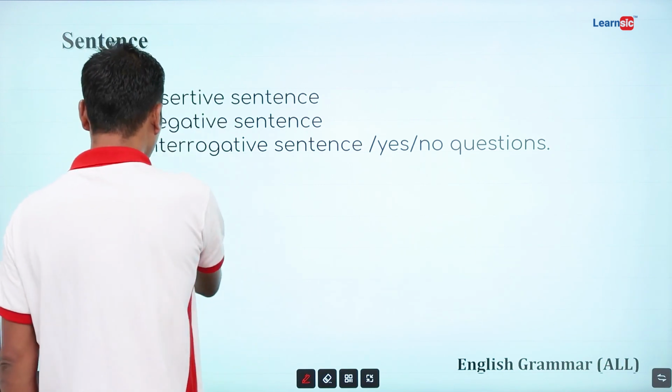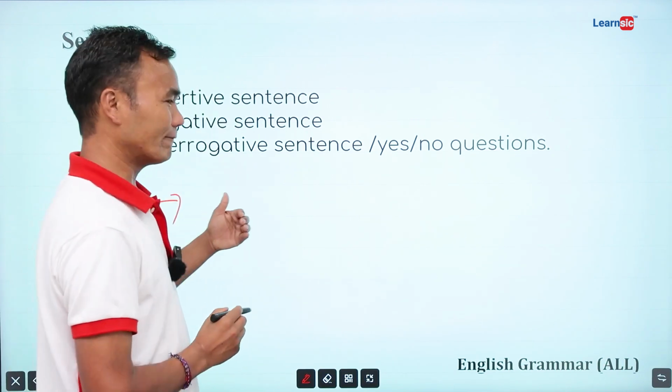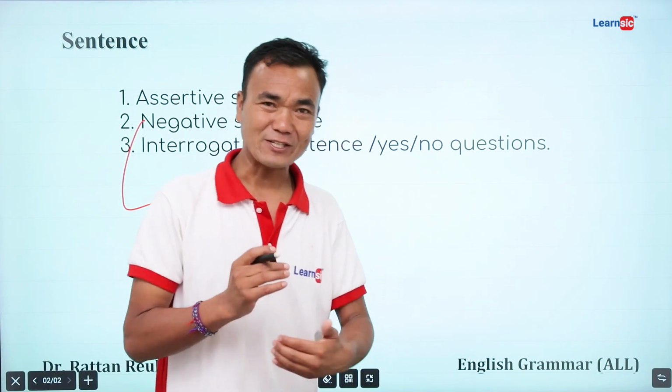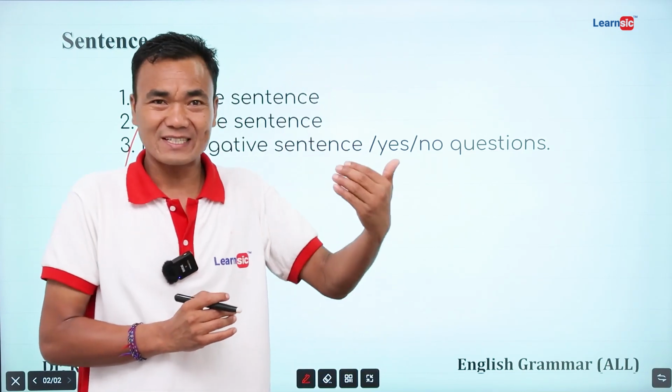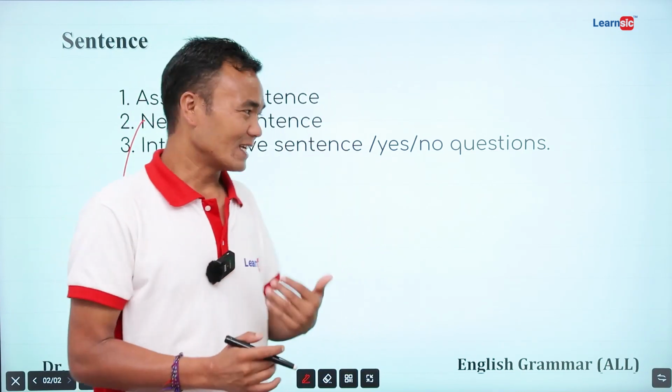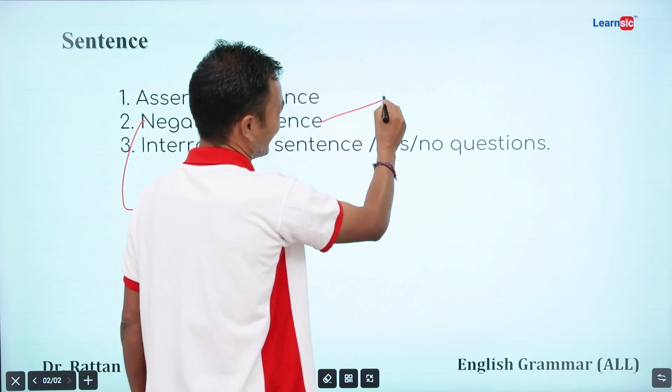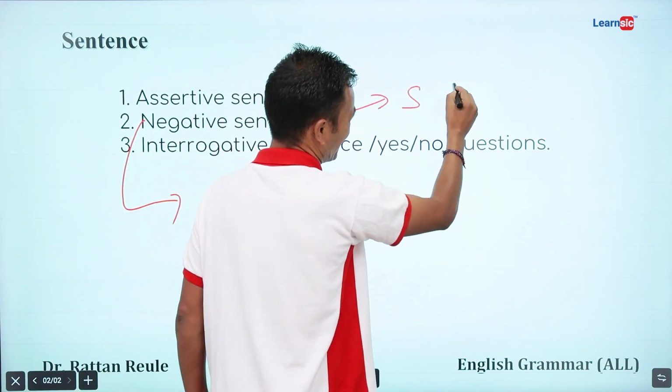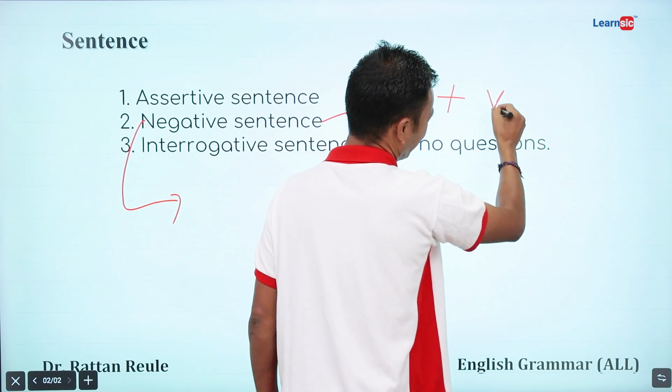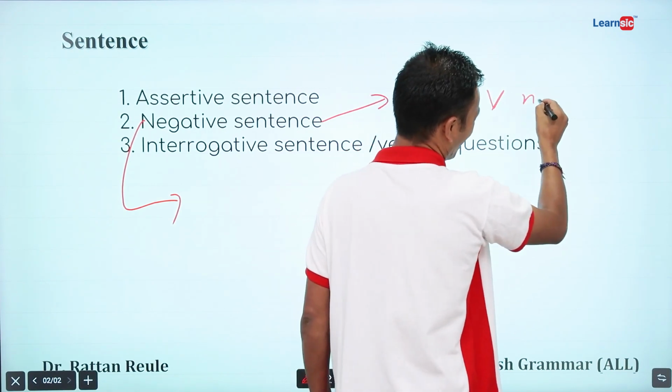Number two, the negative sentence, means just the opposite of the assertive sentence. The same thing is here: it has a subject and a verb, and there is the concept of not.